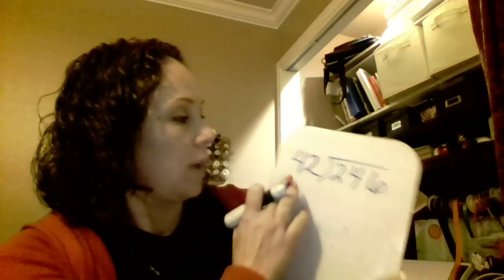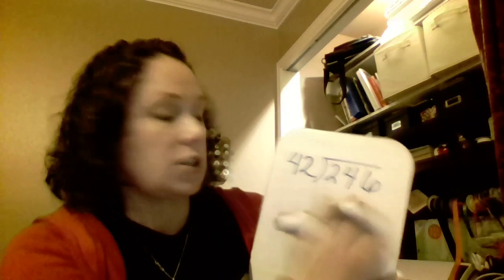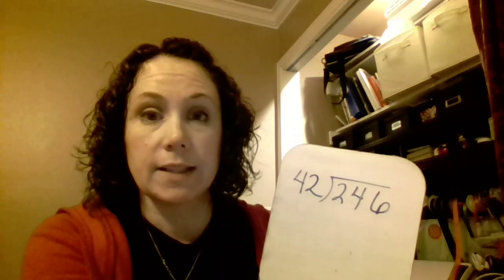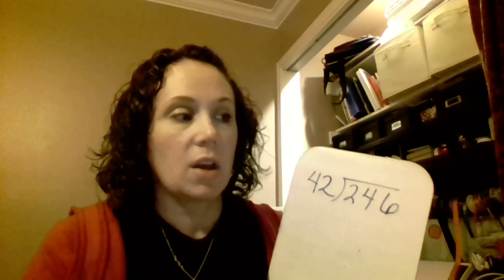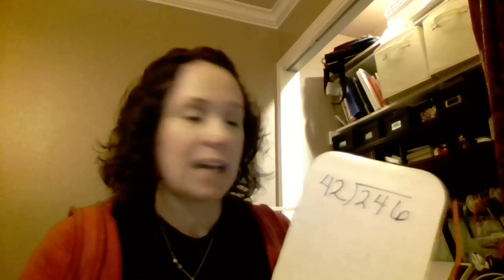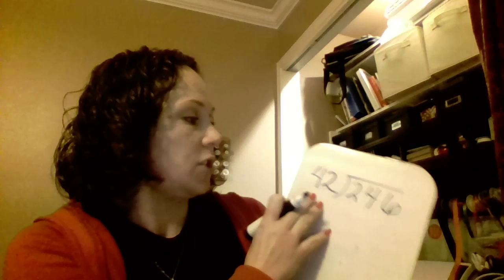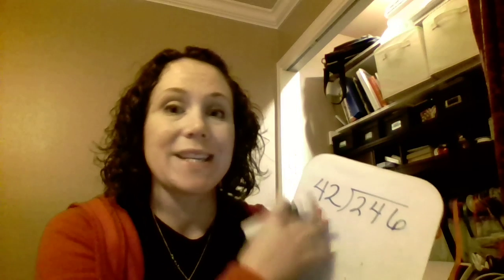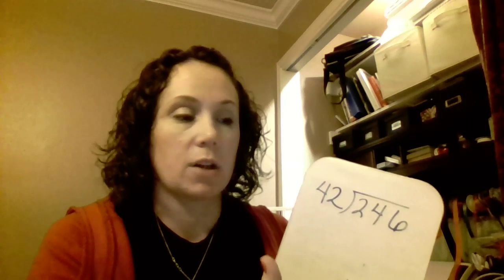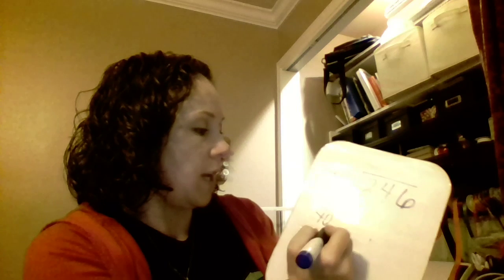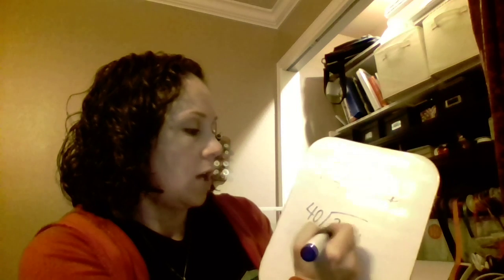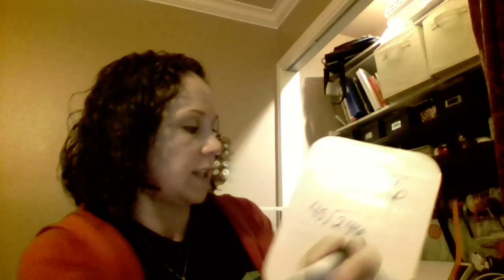This is what we just learned this last week. We have 42 divided into 246. Now, the trick that they're telling you goes back to dividing by a 10. What they're suggesting is that you take this 42 and round it down to 40, and so you're thinking about how many times 40 goes into 246.